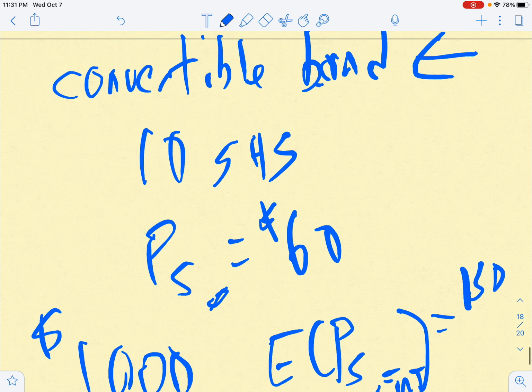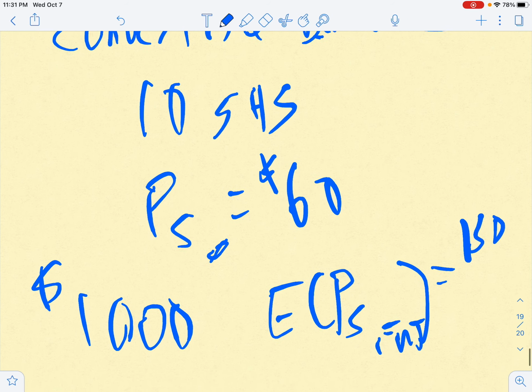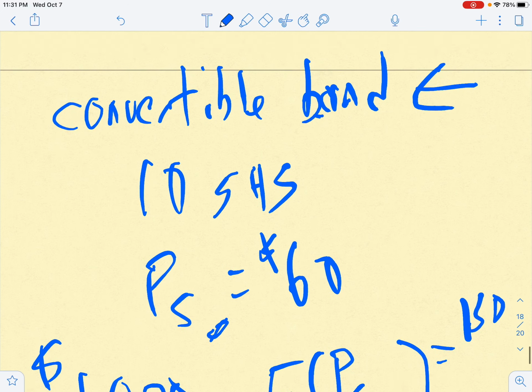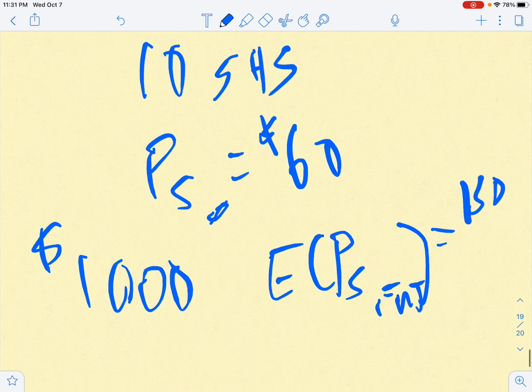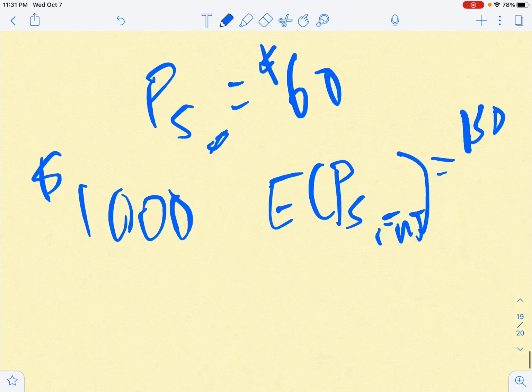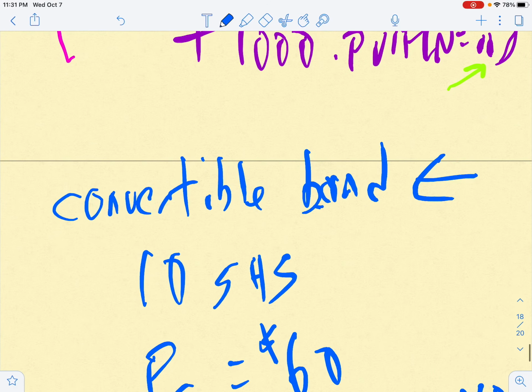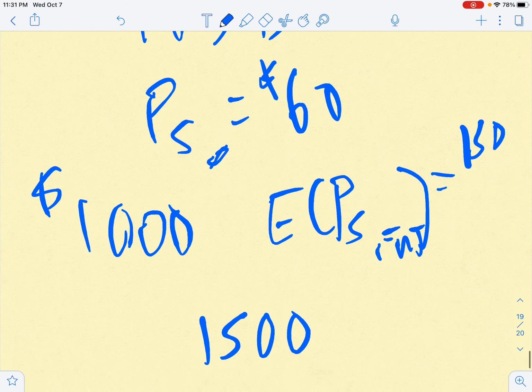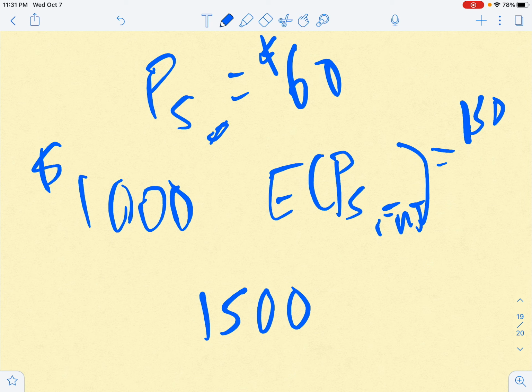Well, you can see the idea here, that is, if the price is 150 and the bond is able to be converted into 10 shares, you'll have $1,500 in value. Okay? So, if you expect the stock price to rise, you need not convert the bond. You may convert the bond if you wish, but you need not.